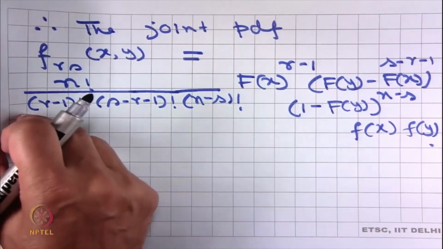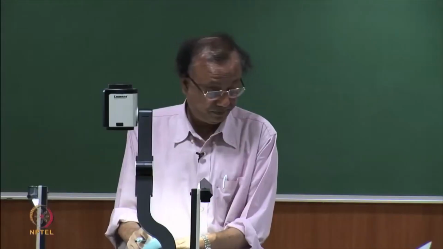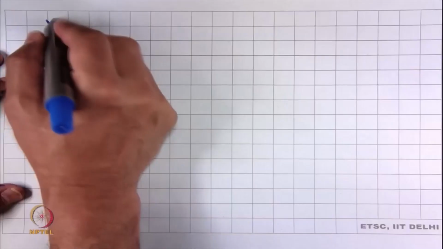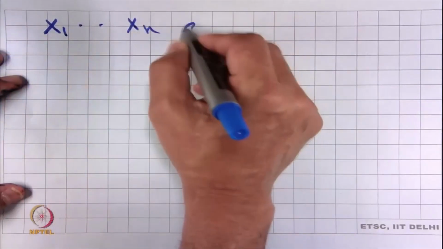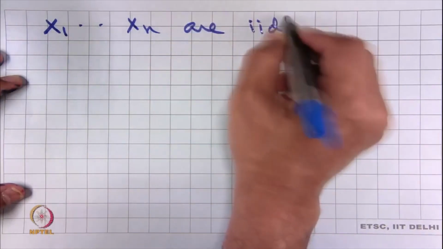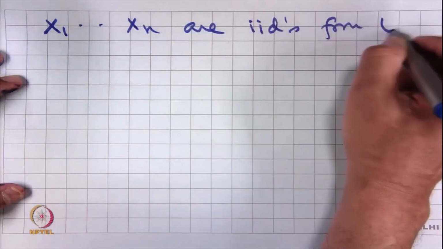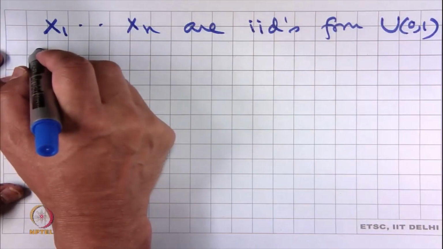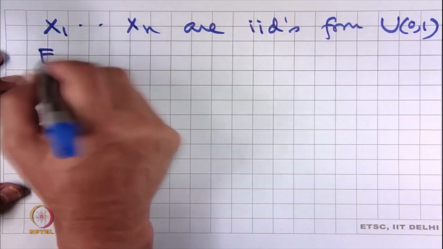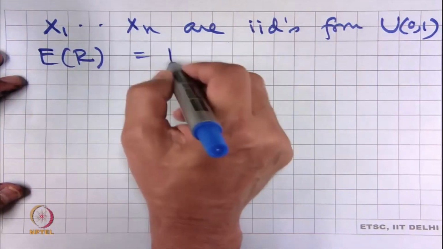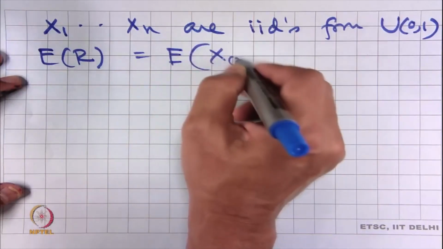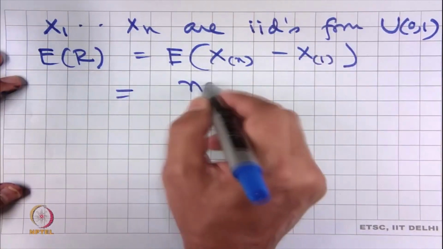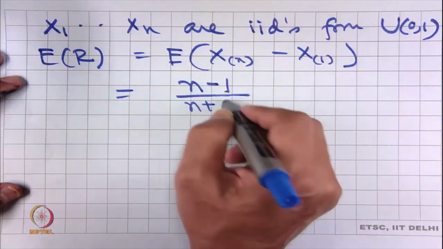Let me give you an example. We have already seen, if X1, X2, ..., Xn are IIDs from uniform (0, 1), we calculated the expected value of range, which is the expected value of Xn minus X1, and we have found that it is equal to (n minus 1) upon (n plus 1).